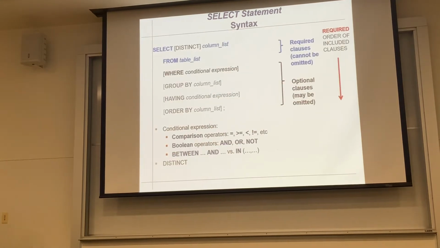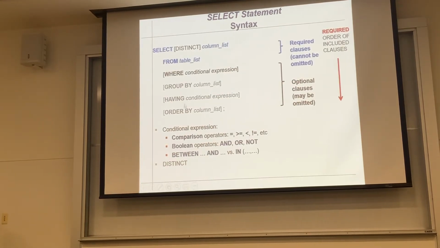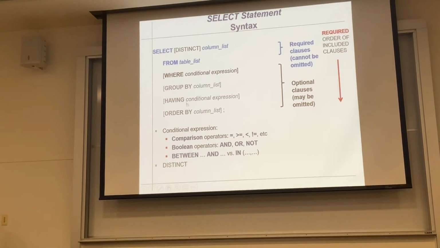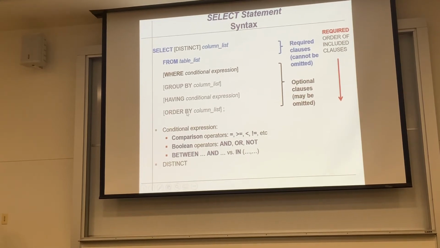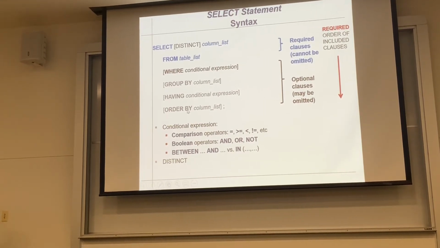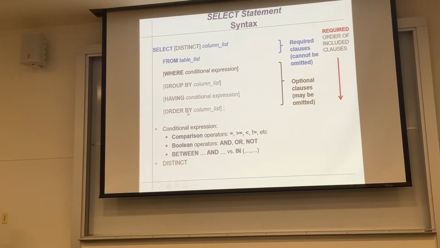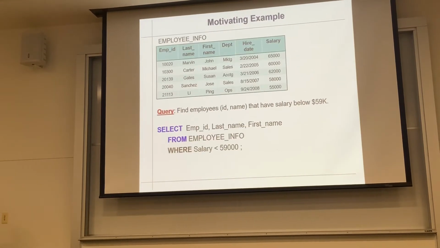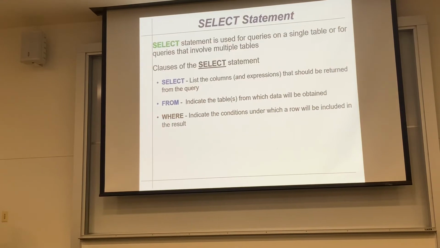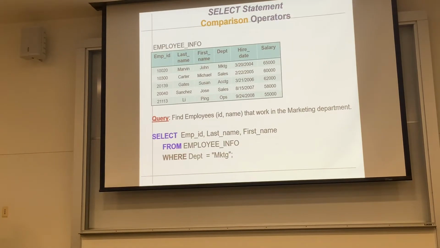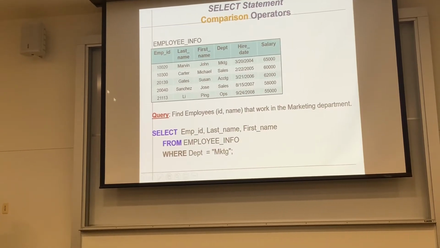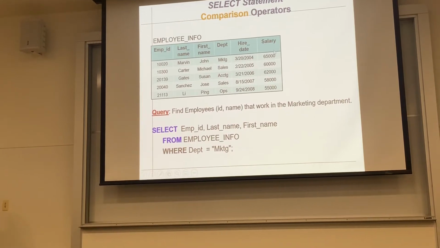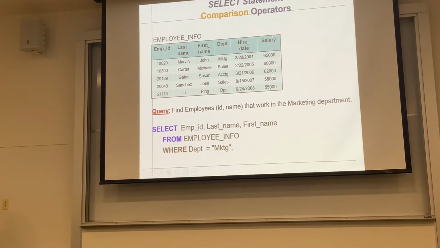Now, it gets a little bit more complicated and there are additional clauses. I'm going to skip some of these: group by, having, and order by. Order by is a pretty easy one, so I might cover that. Let's go back to our example here. Let's say I wanted to get this, and I want it sorted by the highest salaries.